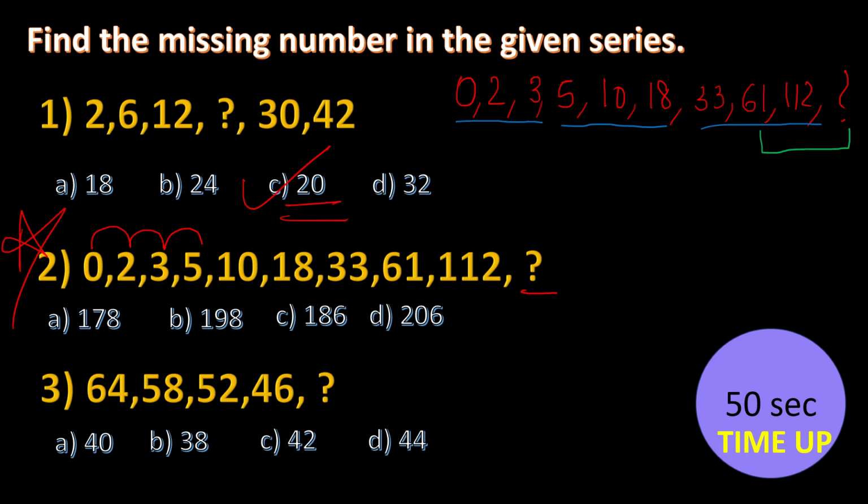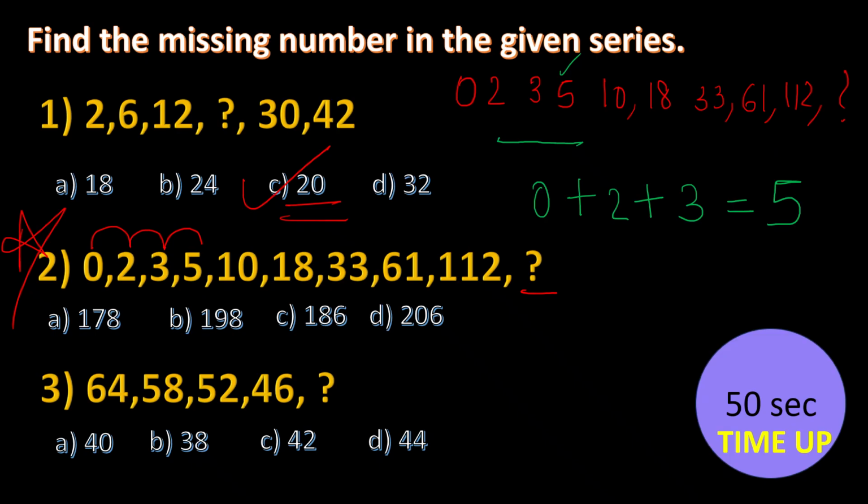First, if you take the first group 0 plus 2 plus 3, that will give you the next number, that is 5. So you're getting 5. Then leave 0 and take the next group of 3. I'll remove this, otherwise you'll get confused.